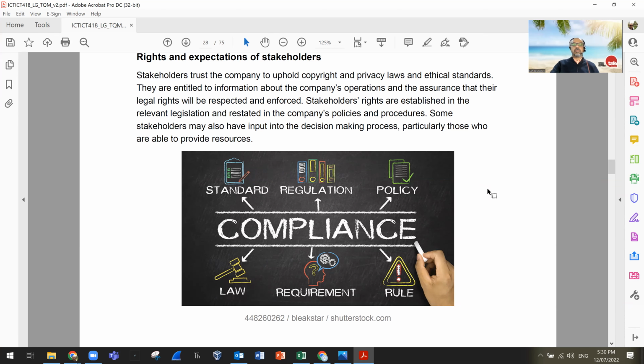So we have some rules and regulations from the government, and we must follow that. This is what compliance is. We have fire extinguishers and other items for firefighting and dealing with that.